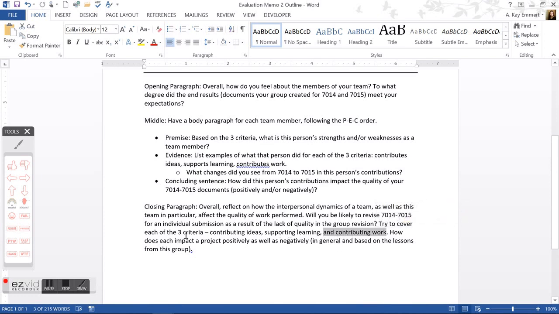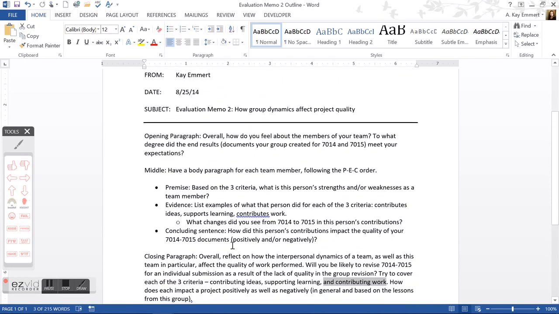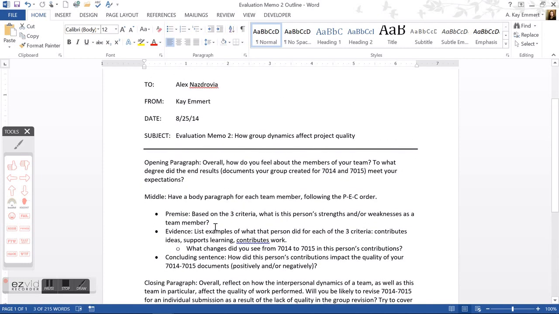So you're trying to get basically a philosophy of what makes a good group project, or what group dynamics make for really good quality work. Okay, so that's what I'm looking for, some really sharp insights. Okay, and once you're done with that, you are ready to submit.